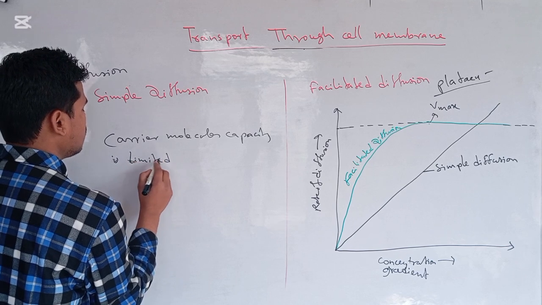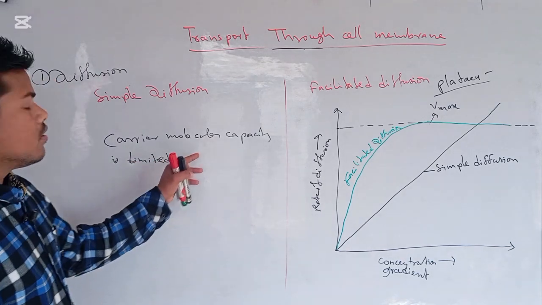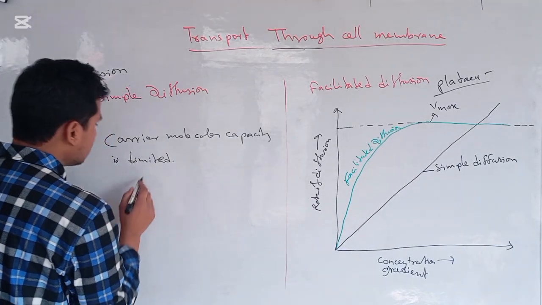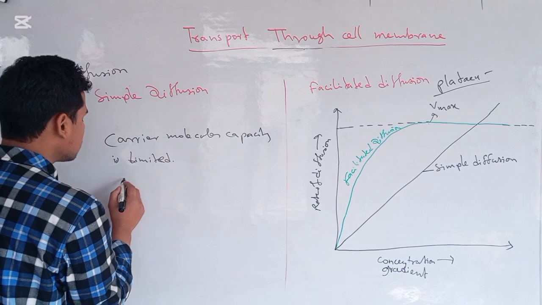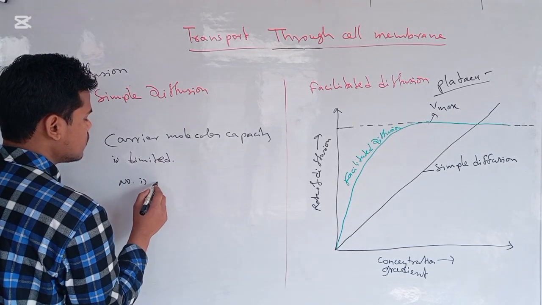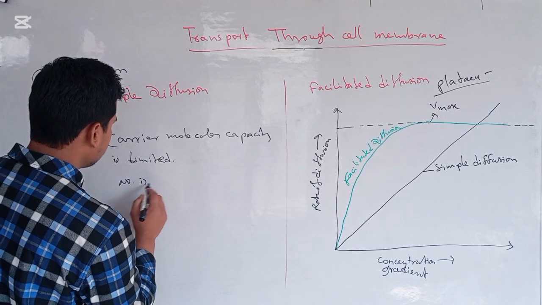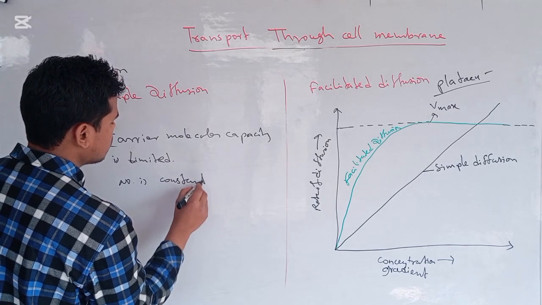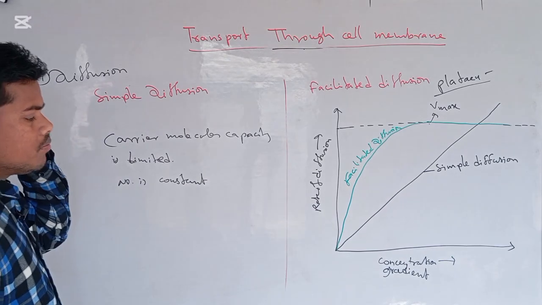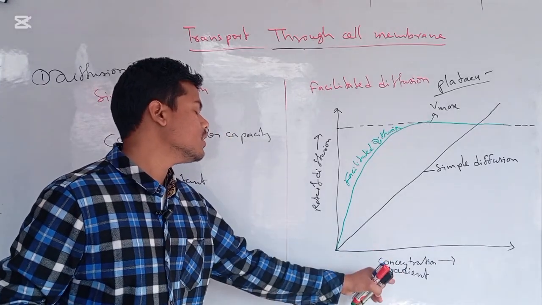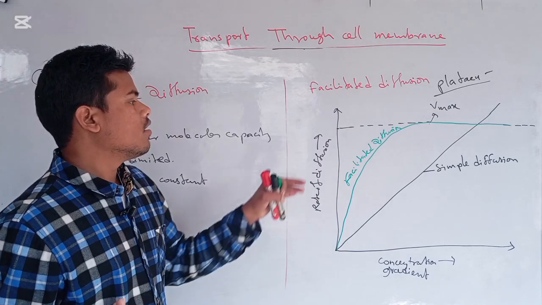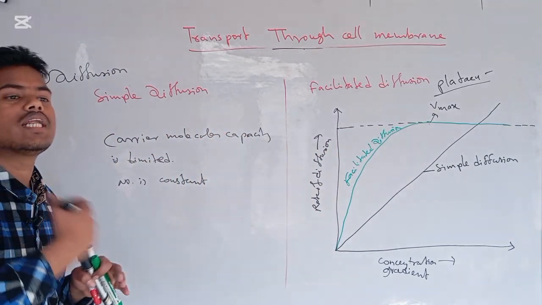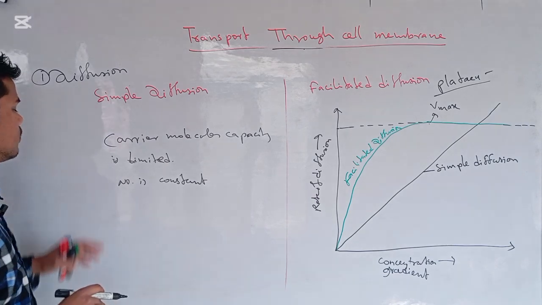Why? Limited because, for a particular time, the number of carrier molecules is constant. Let's suppose the number is constant. As you increase the concentration gradient, it is not like the carrier molecule number will increase drastically. Not like that.